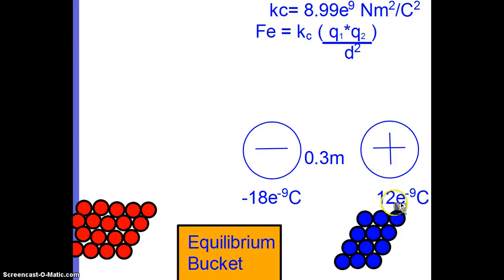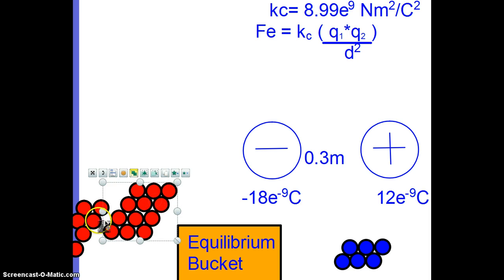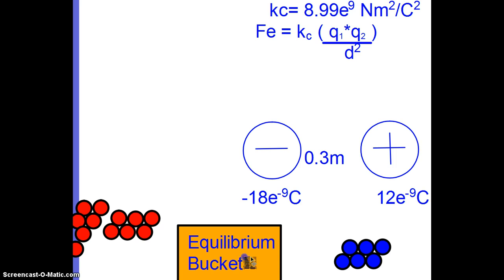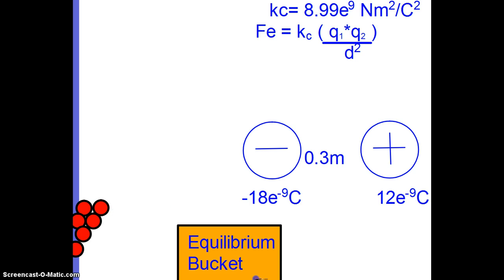So what we do is, if we take our 12 here, let's drop 6. Drop 6 of the blue ones in, and drop 6 of the red ones in, then 6 blue, and 6 more red ones in.